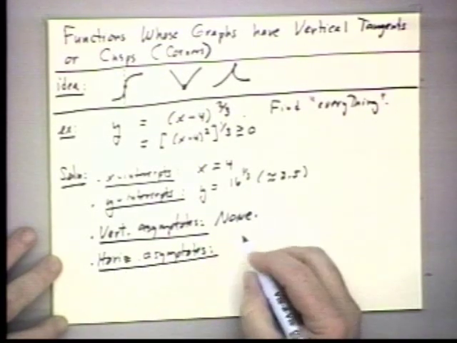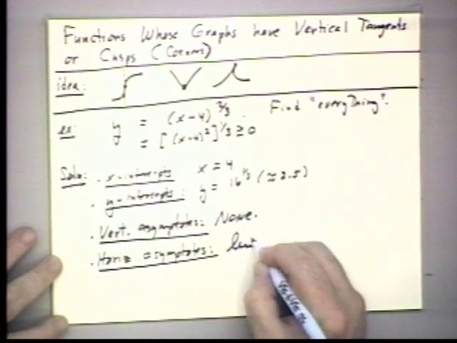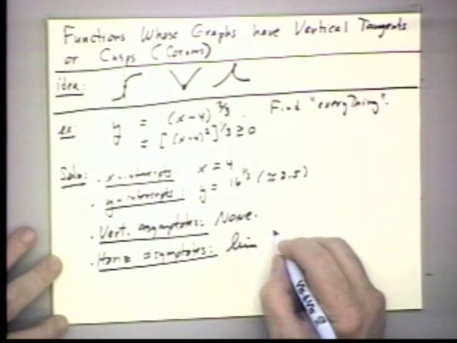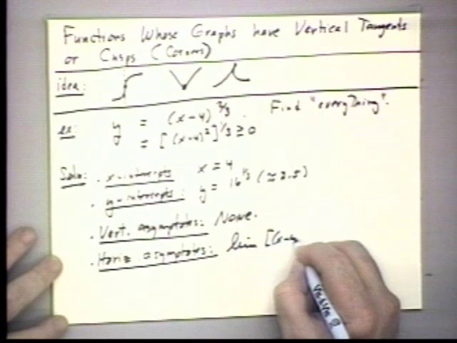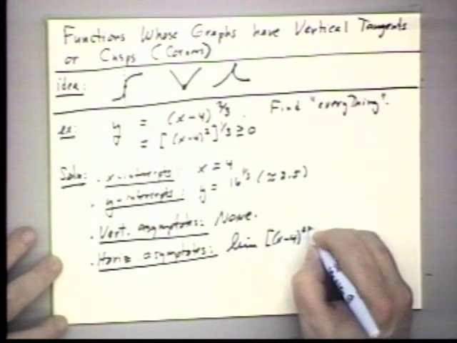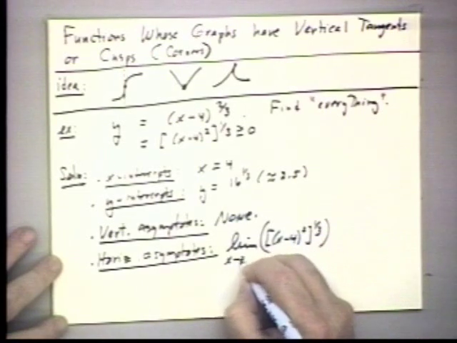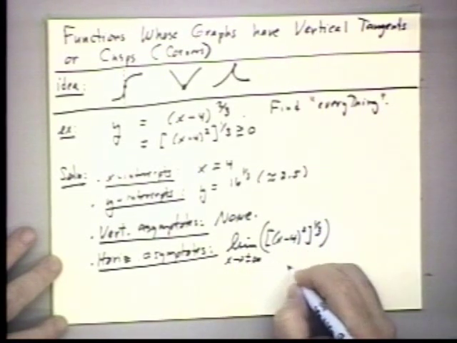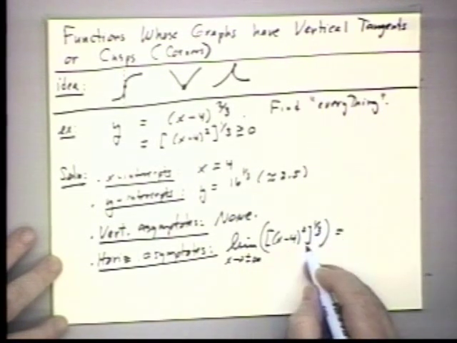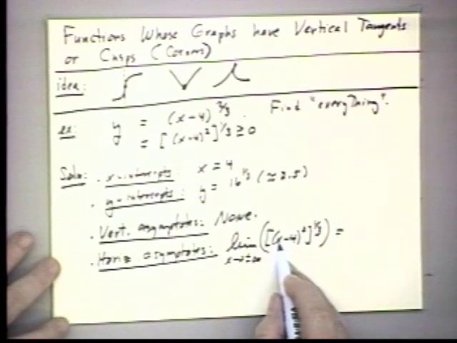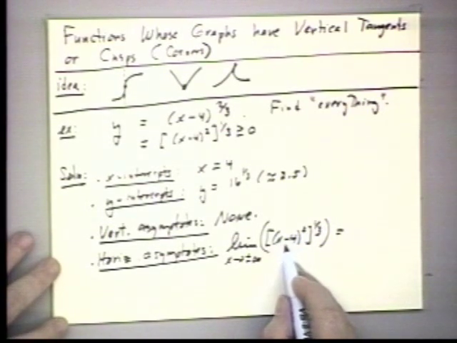Horizontal asymptotes are checked by taking the limit of the function, which I guess I could leave in the second form, x minus 4 squared to the 1/3 power, and take that limit as x goes to plus or minus infinity, and ask myself what happens in here. Well, as the x in here gets very large, the minus 4 has no real effect.